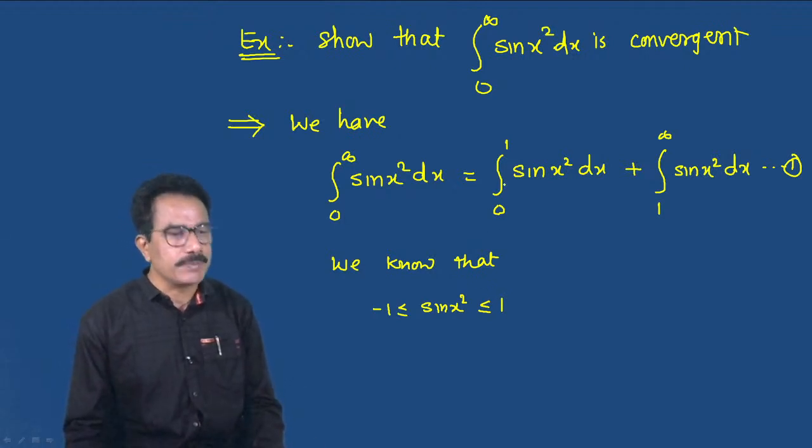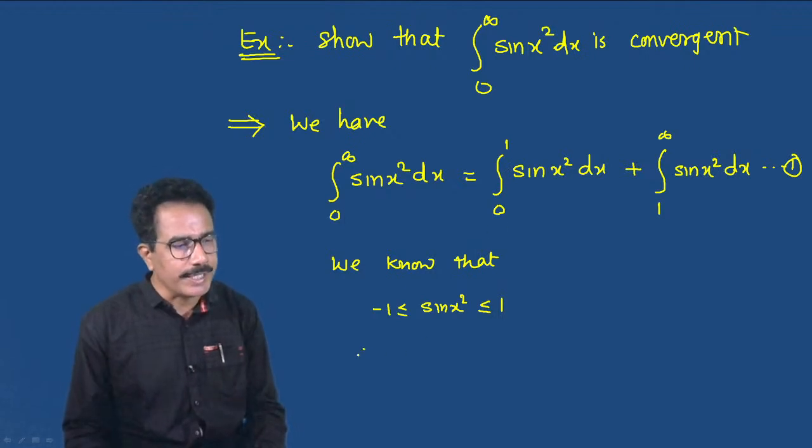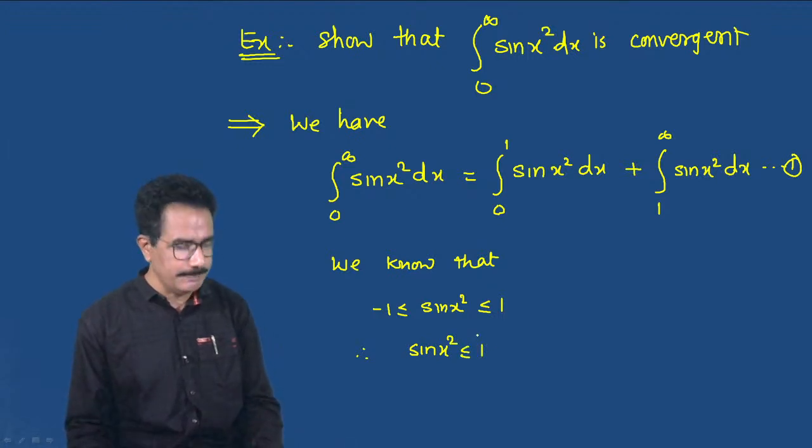But the limits are from 0 to 1, so we can write sin of x square is less than or equal to 1. So it is bounded.